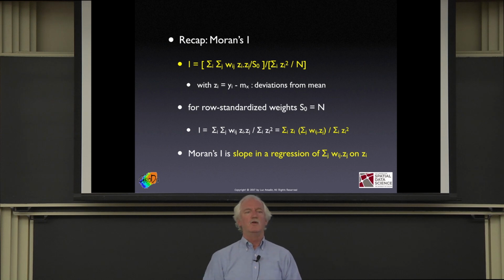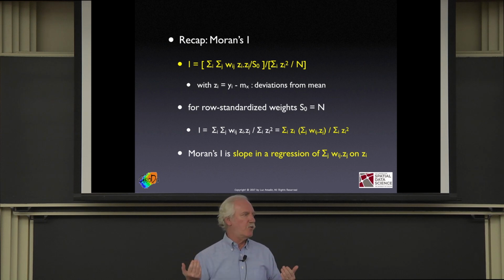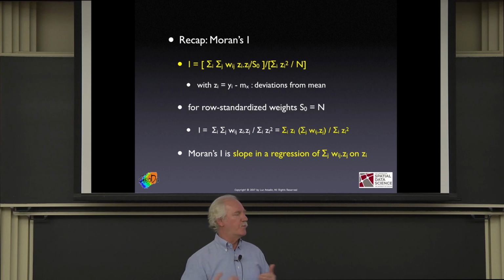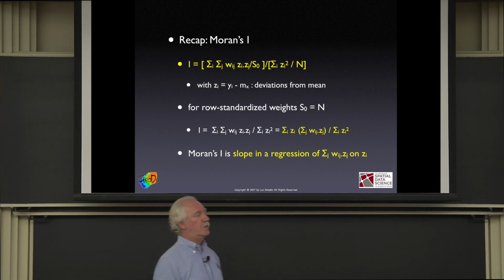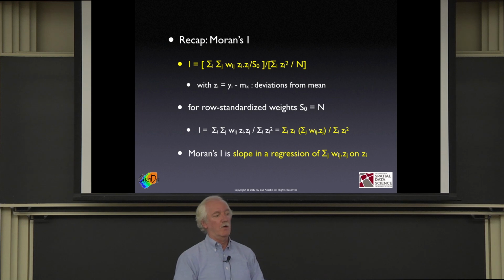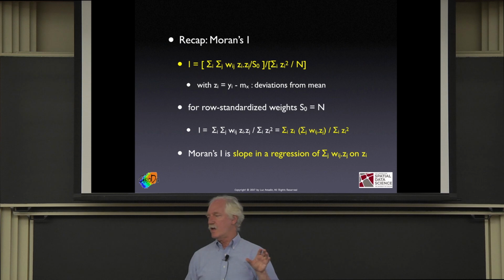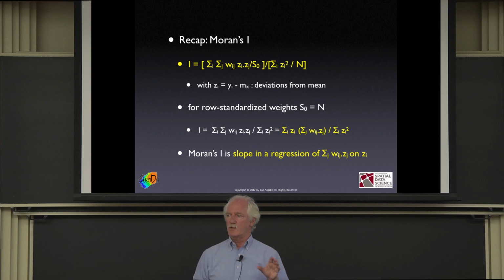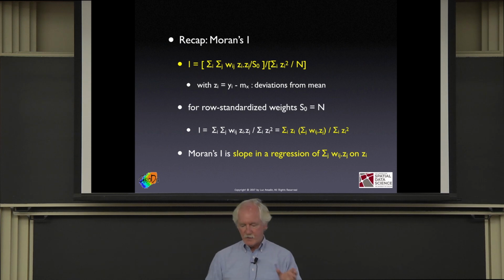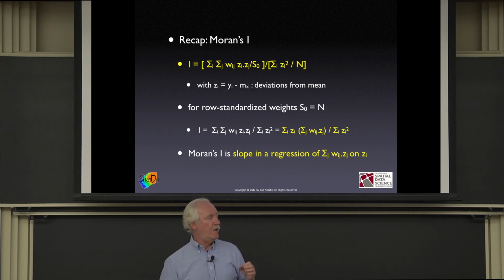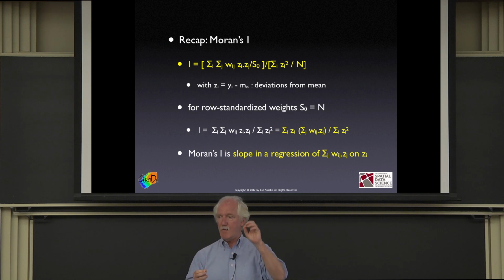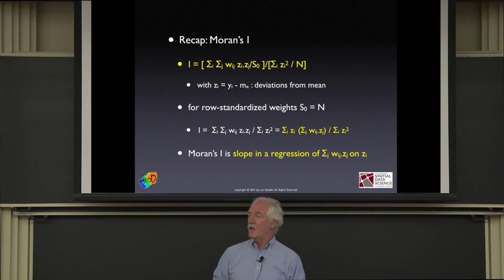So you can't use ordinary least squares to estimate that slope. The slope is biased. But if you flip it around, it's not. And in fact, given that the z squares are in the denominator, you need to flip it around. So the dependent variable is actually the spatial lag, and the explanatory variable is the value at a location. So it's flipped around, but once it's flipped around, you have a scatter plot. Every pair of a value and its neighbors is represented as a point in that plot.